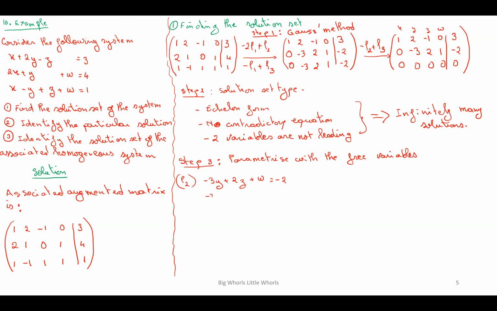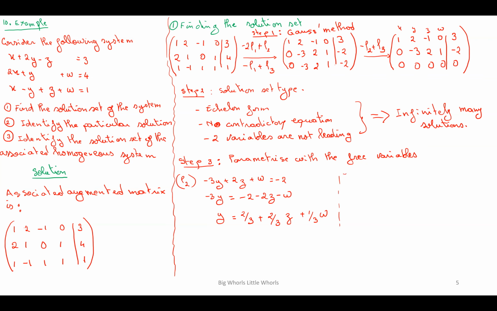So we have minus 3y is going to be equal to minus 2 minus 2z minus w, and y is going to be 2 over 3 plus 2 over 3 z plus 1 over 3 w. So we wrote the leading variable, which is y, in terms of the free variables, which are z and w. Okay.